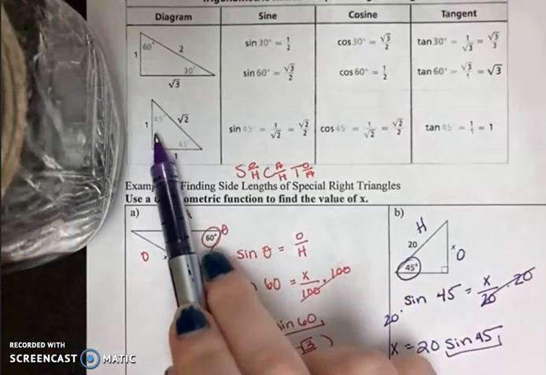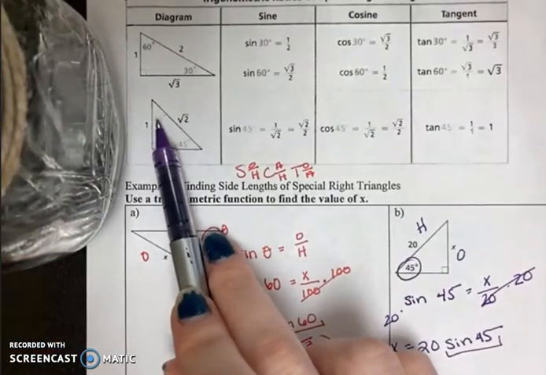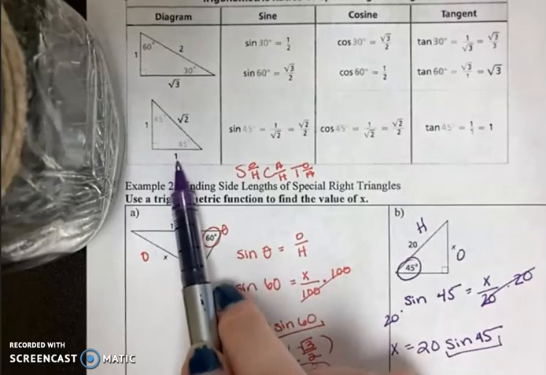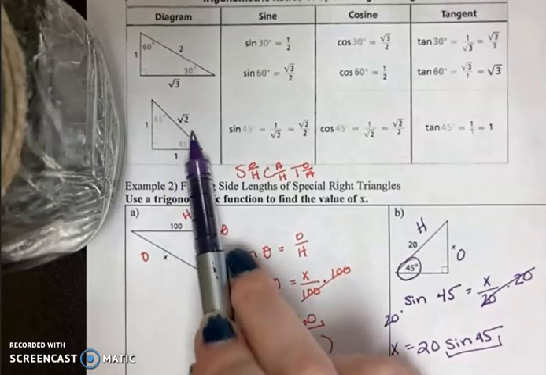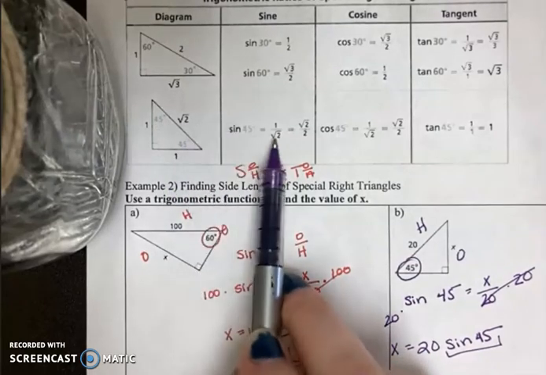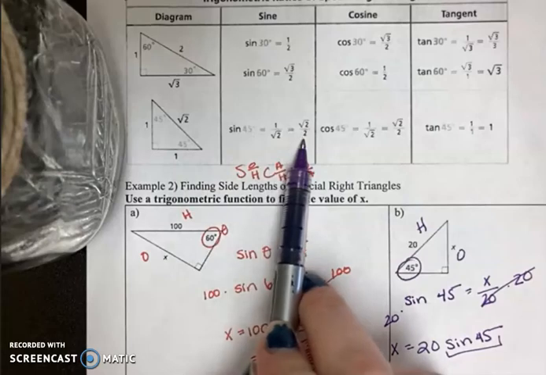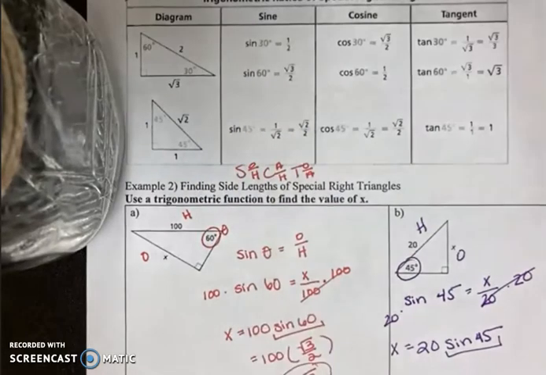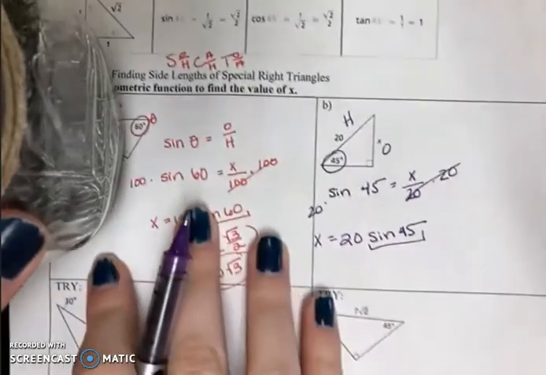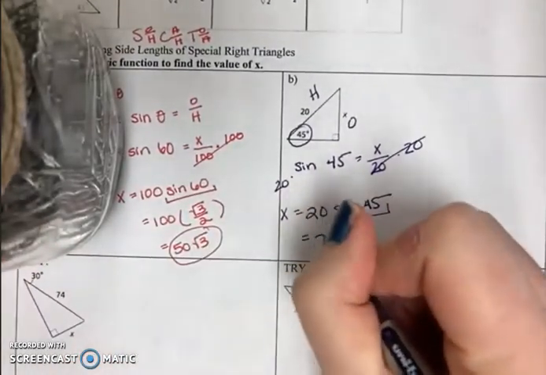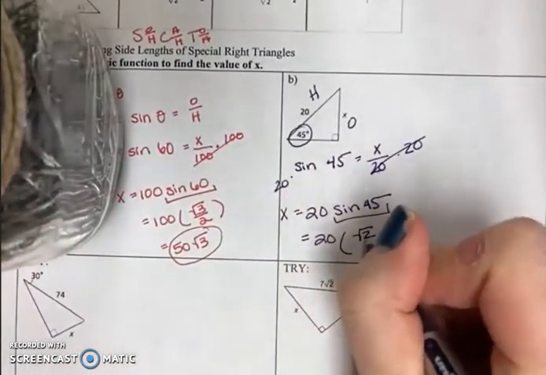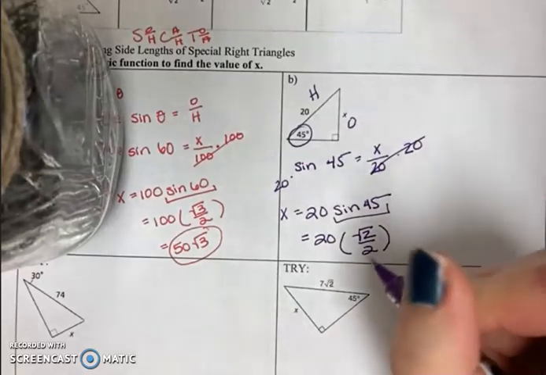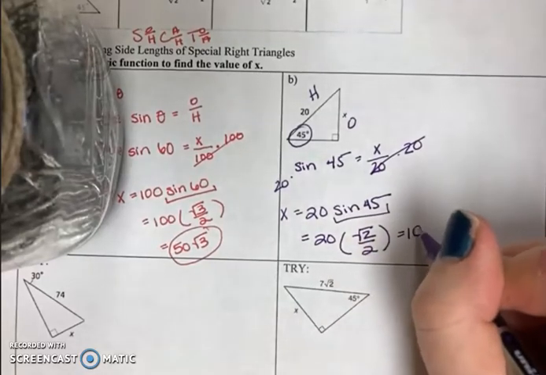You could just solve for, okay, sine, this is my 45. Opposite over hypotenuse is 1 over root 2. But then you'd have to rationalize and you'll end up with root 2 over 2. Or you could just look at the table and say, hey, it's root 2 over 2. But it never hurts to know where I'm getting it from. And then simplify. 20 divided by 2 is 10, so it's 10 root 2.